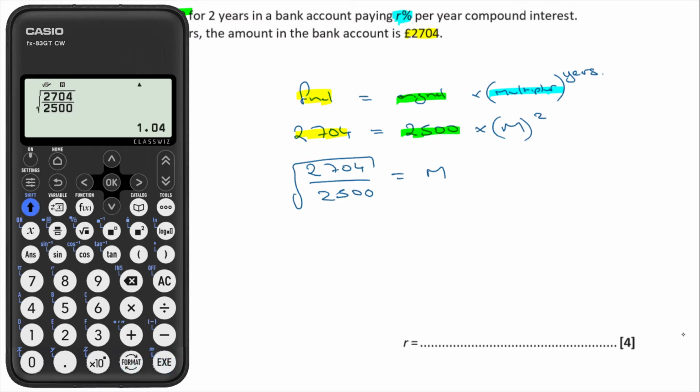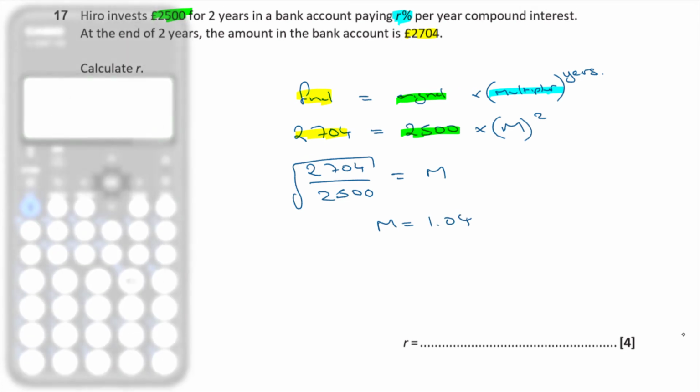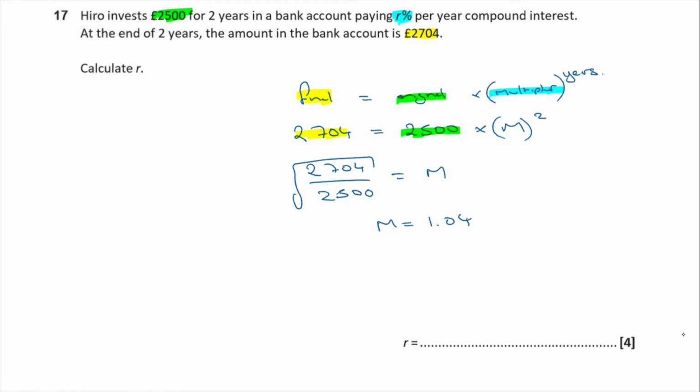And so m, my multiplier, is 1.04 as a decimal. So then R, my percentage, is going to be 104%, isn't it? So that is an increase of 4%. So R is equal to 4. Like I say, if I'd put R in there, it wouldn't actually be quite right. I'd have to put R over 100, so it's just easier to leave it out until the end.